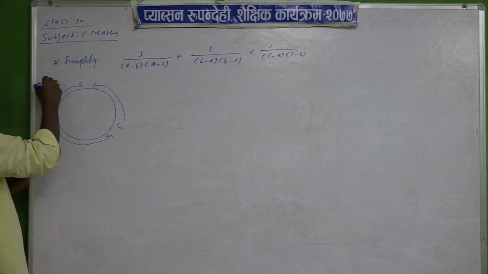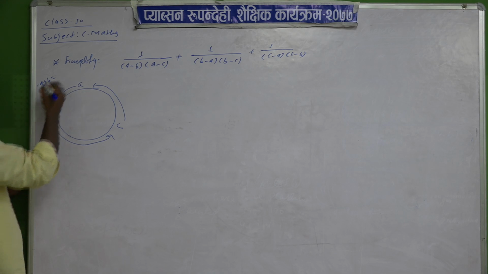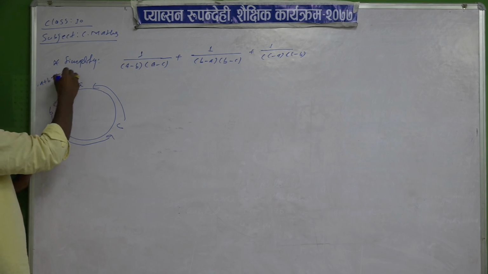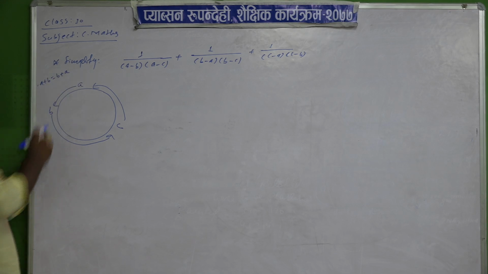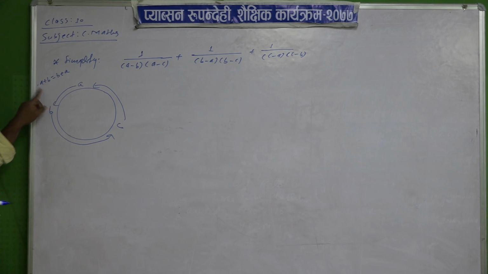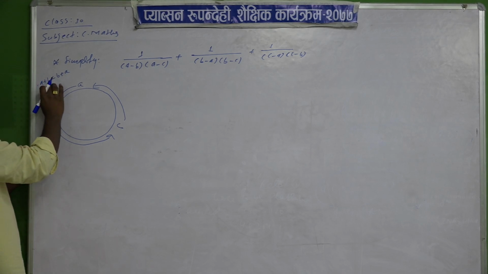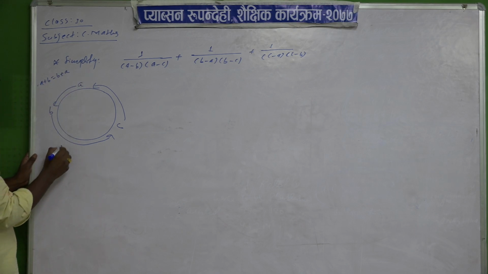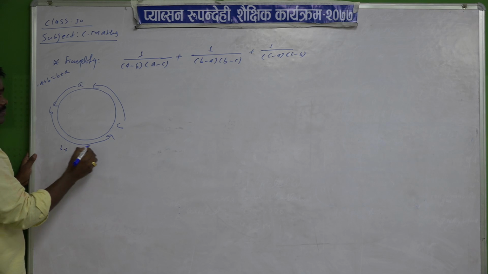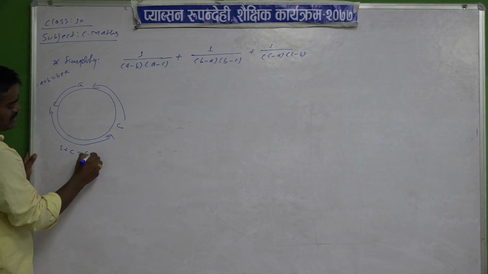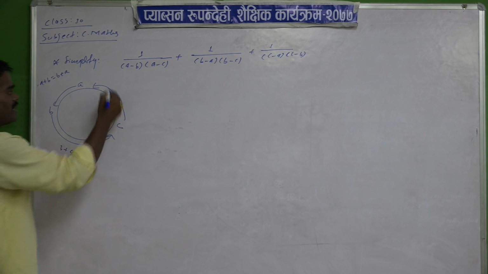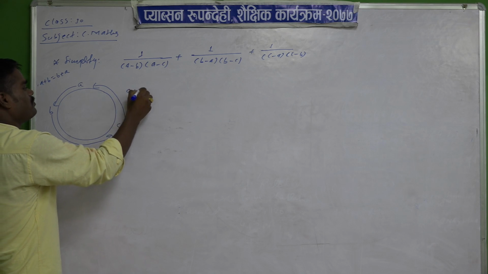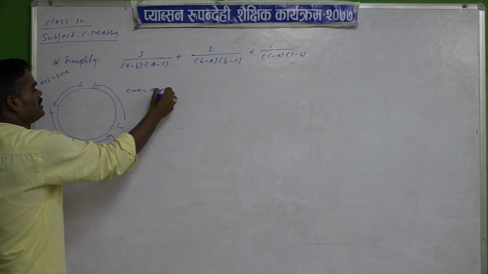Now A plus B can be written as B plus A because both have the positive sign. Likewise B plus C equals C plus B, and C plus A equals A plus C.